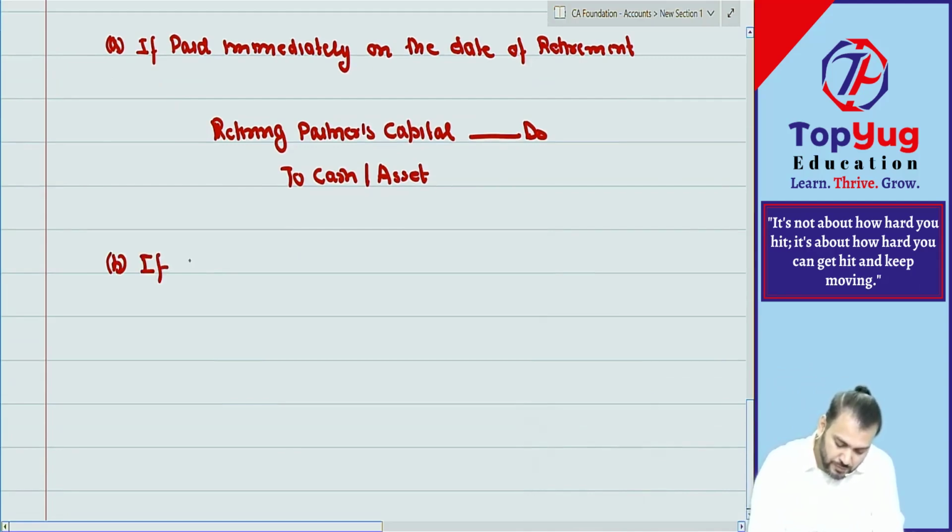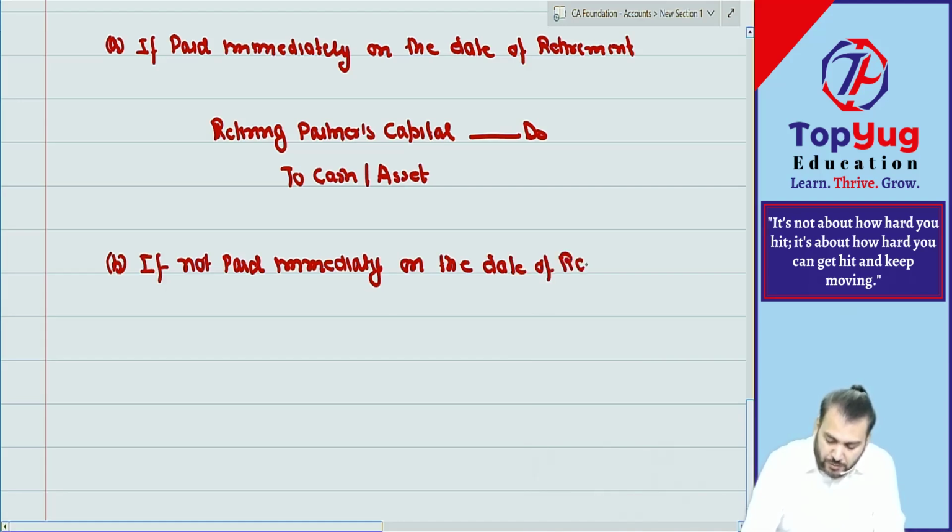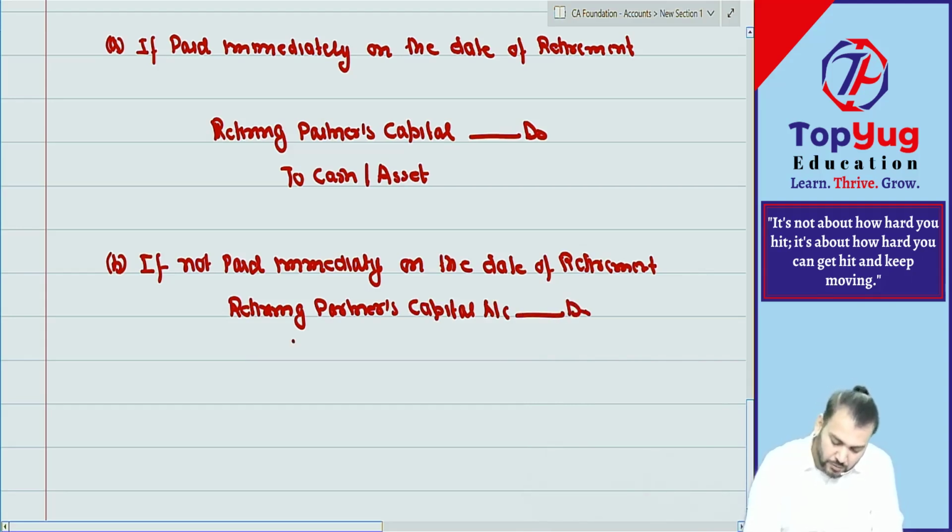If not paid immediately on the date of retirement, then what will we do? The amount will be transferred from the retiring partner's capital account debit to what?